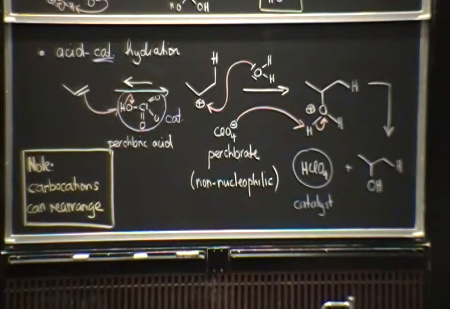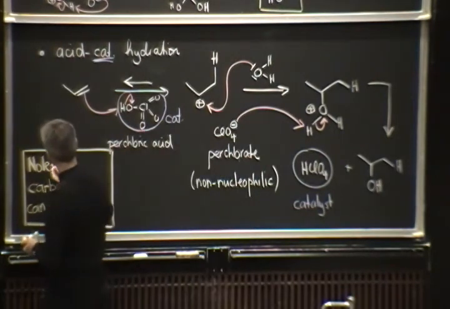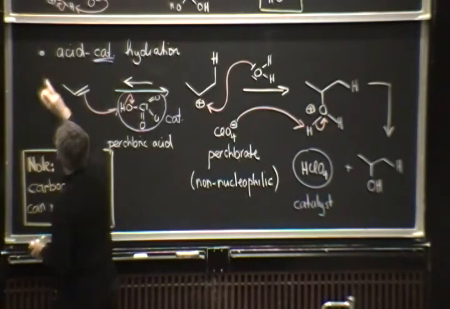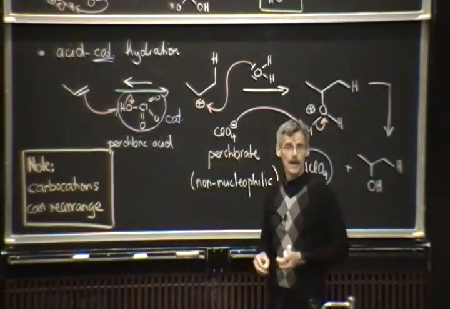So if you can go from a secondary to a tertiary carbocation by some kind of a shift, either a methyl group shift, a carbon shift, or a hydride shift that we've seen, then you can get different products by a backbone rearrangement. So you have to keep that in mind, again, when you think about the mechanism. In this case, there's no obvious way to generate a more stable carbocation.